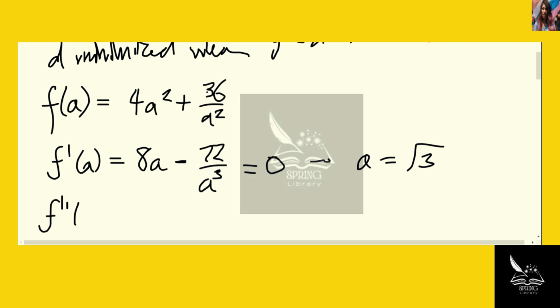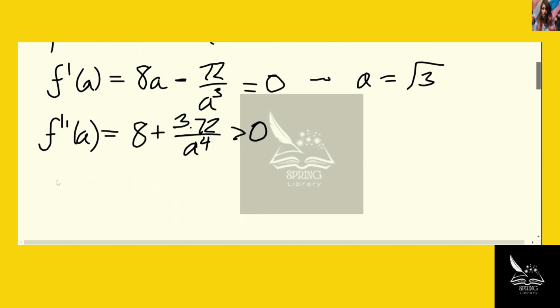Notice that the second derivative of f is 8 plus 3 times 72 over a to the 4th, which is positive for all values of a, including a equals root 3.